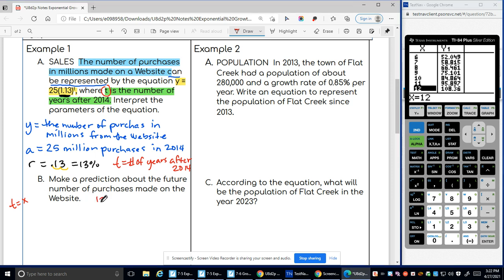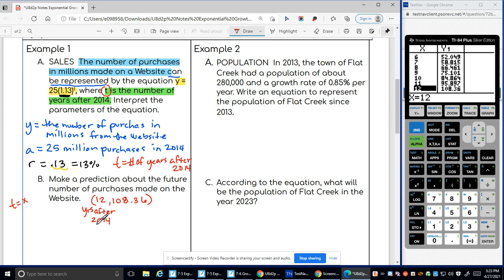Let's use the point 12, 108.36. And again, this is 12 years after 2014. Okay.